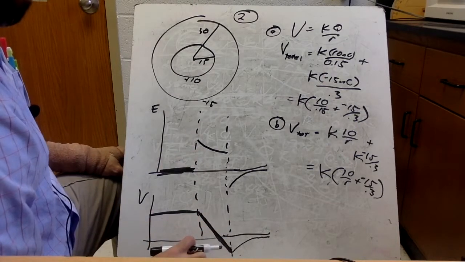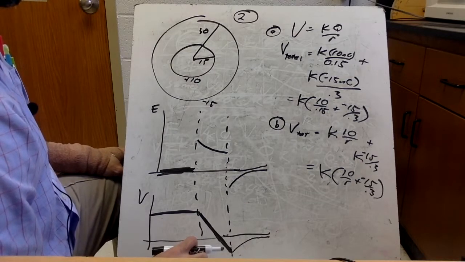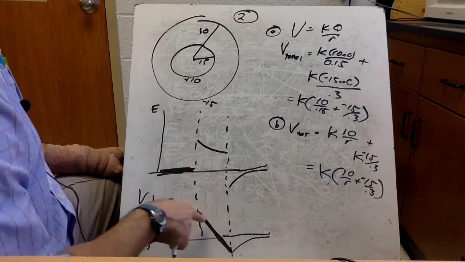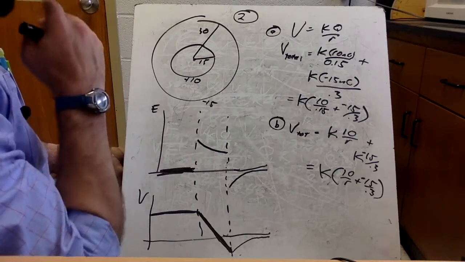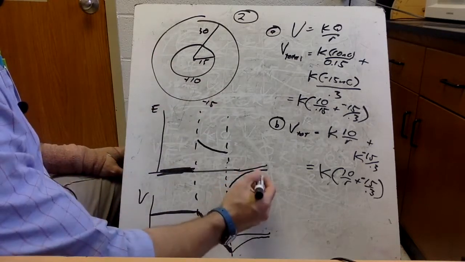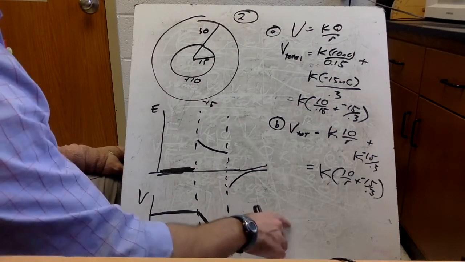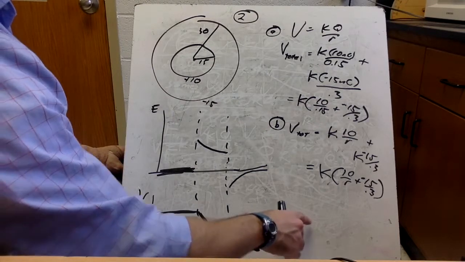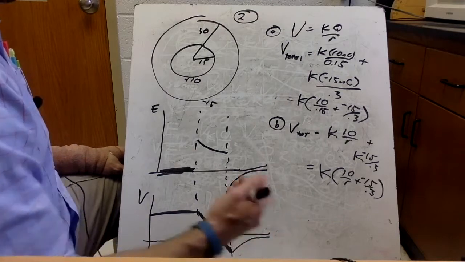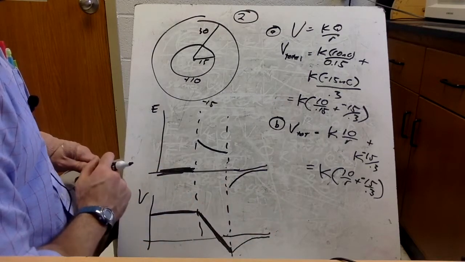Rather, it's the negative derivative, right? So this is going down, so it's a positive value there. And this is 1 over r squared, according to 1 over r. So this would be K times 10 over r plus negative 15 over r, and we end up with that type of value.